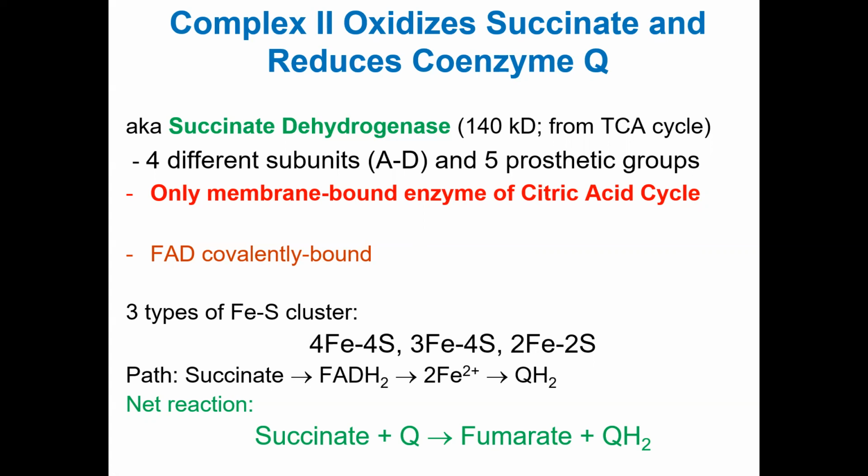And you'll see this fascinating beauty of proteins and how cool chemistry they do. Okay. So the net reaction of succinate dehydrogenase is you take succinate and transfer those electrons to fat soluble coenzyme Q, generating fumarate and the reduced form of QH2.